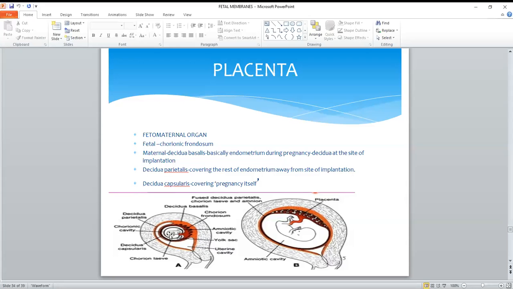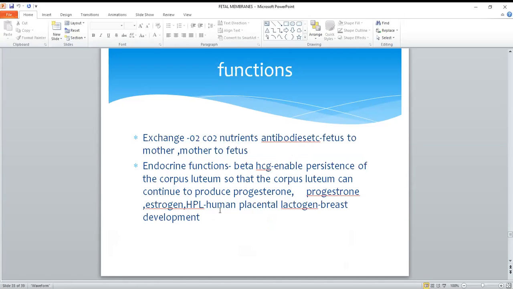Okay. So the functions of the placenta are exchange of oxygen, carbon dioxide, nutrients and antibodies, from fetus to mother and mother to fetus. You're supposed to know the direction of oxygen going from fetus to mother or mother to fetus. You can just work it out, it's not hard.